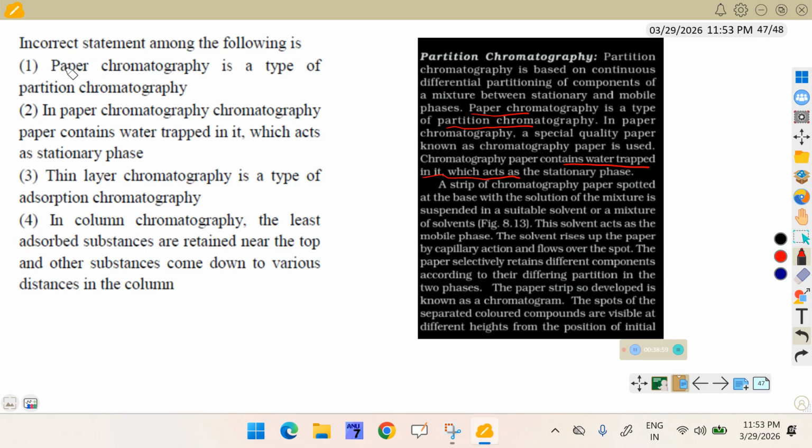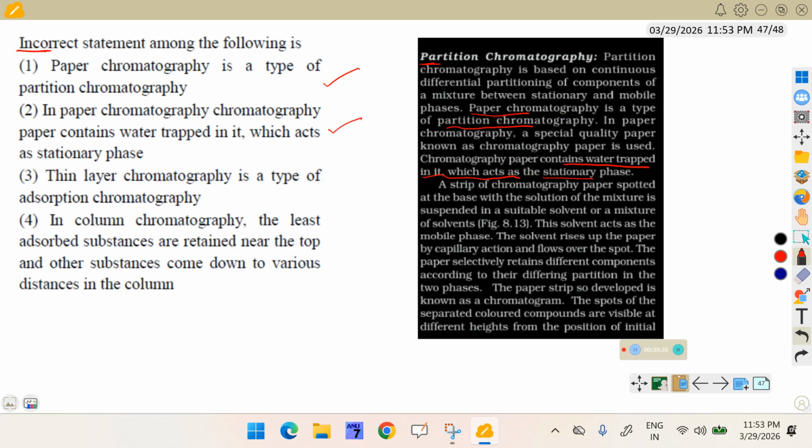Correct statement among the following: paper chromatography is a type of partition chromatography. Correct. In paper chromatography, paper contains water trapped in it which acts as stationary phase. Yes, this is also correct. Question is incorrect statement.